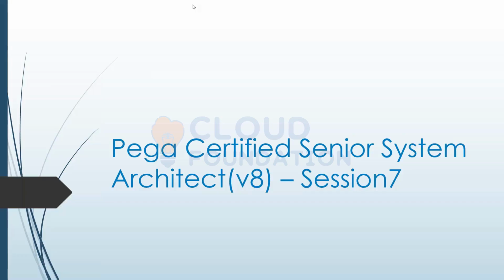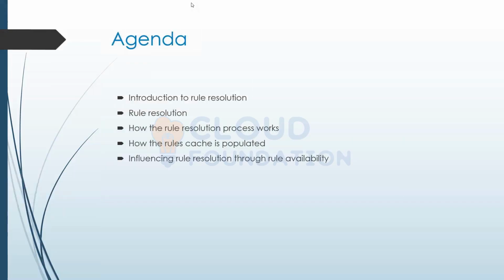Today also we are going to talk about a very important concept called rule resolution. This is something that happens in the runtime. So far it was all about the design time aspects, but now it is going to be the execution. We will try to understand how Pega is going to execute the rules.